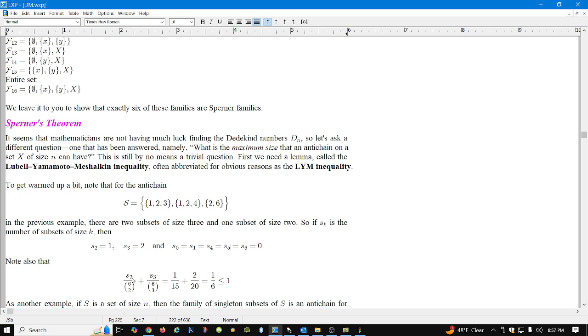And 2 is the subscript here. S2 divided by 6, choose 2, plus S3 divided by 6, choose 3. And as I said, you could do the same for all of these, but you're going to get 0. And you add these up, you get 1/6, which is less than or equal to 1. You say, so what? Stay tuned.